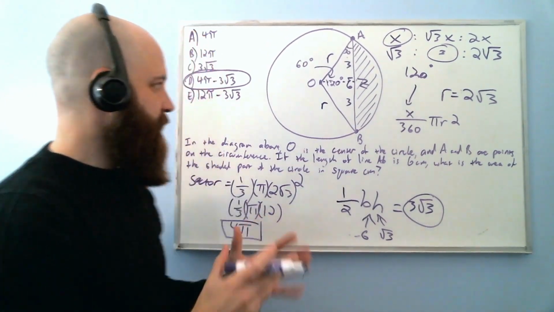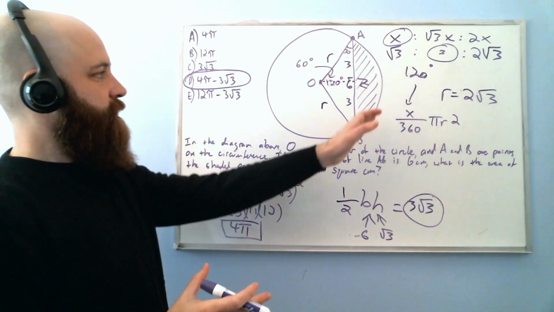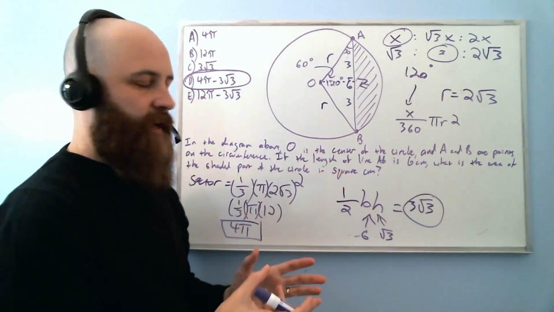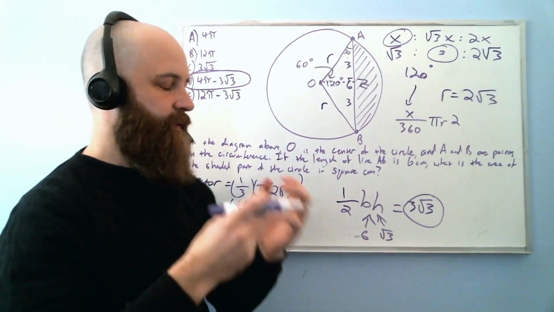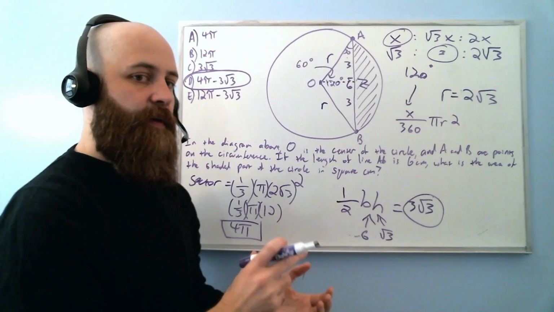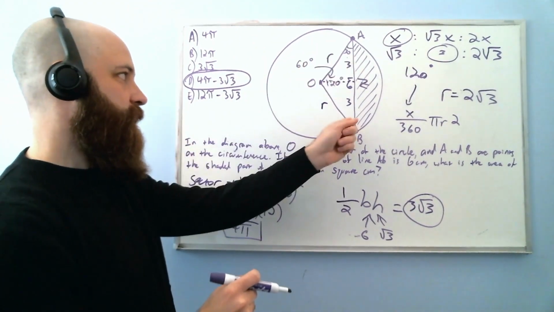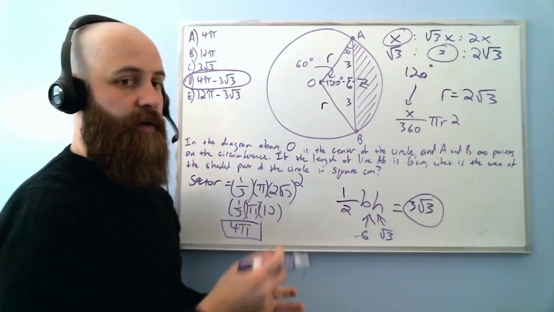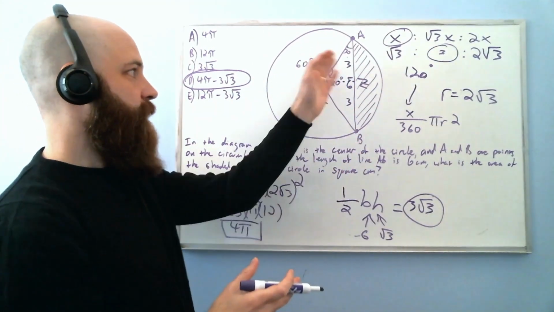Okay, so any take-homes for this one? Well, notice to get started, if you have an odd shape, this shaded region here, it's not a familiar shape, it's not something that I have a particular formula for. What do you do? Try to work your way towards it by finding the familiar shapes. In this case, the familiar shape was a triangle that turned out to be basically two 30, 60, 90 triangles, and the sector AOB.